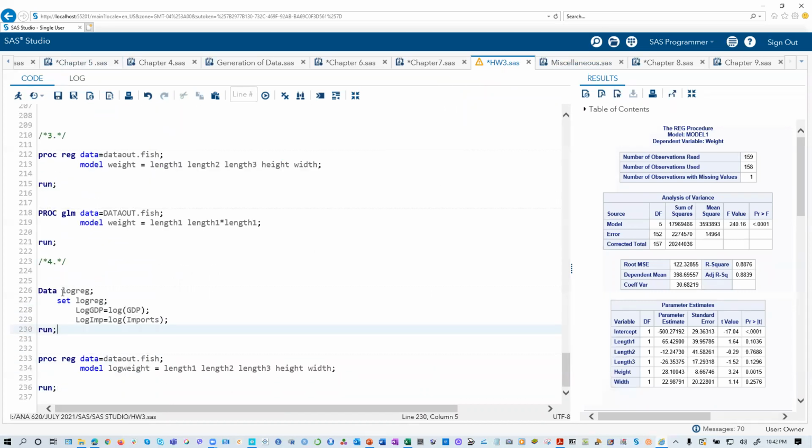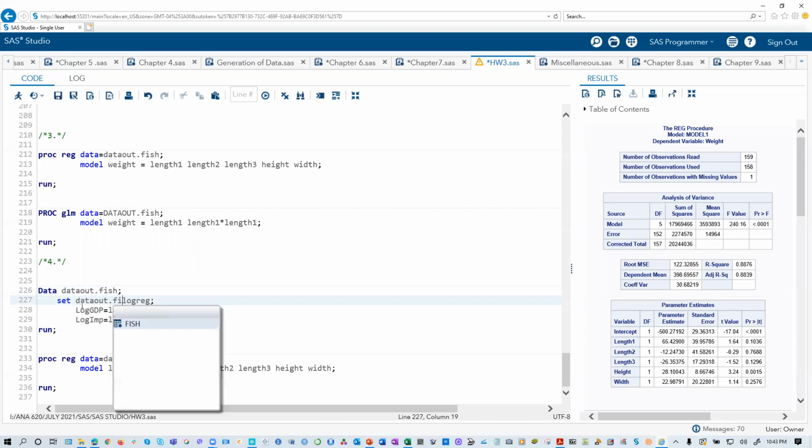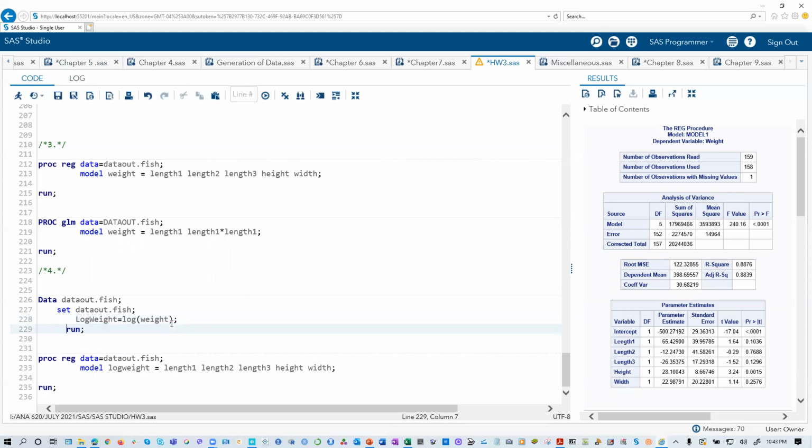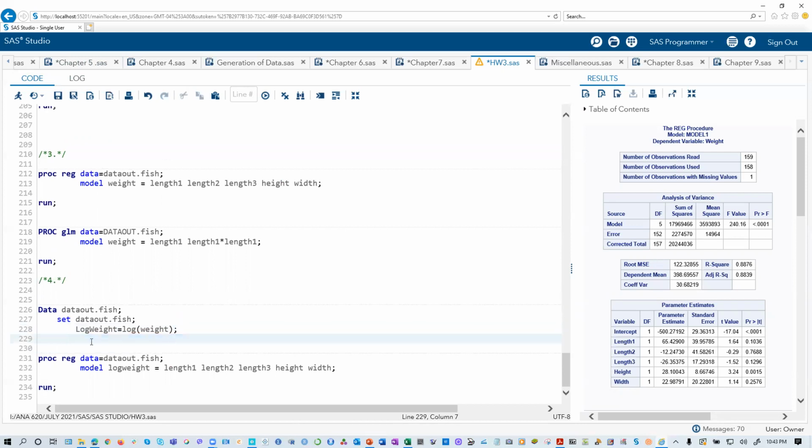So you're going to go to your data set, data out.fish, and then you can use the same thing here. Data out.fish. Call that one log weight, WEIGHT, which means you are taking the log on weight. And you don't need this one, imports. That's the one you're going to utilize here.